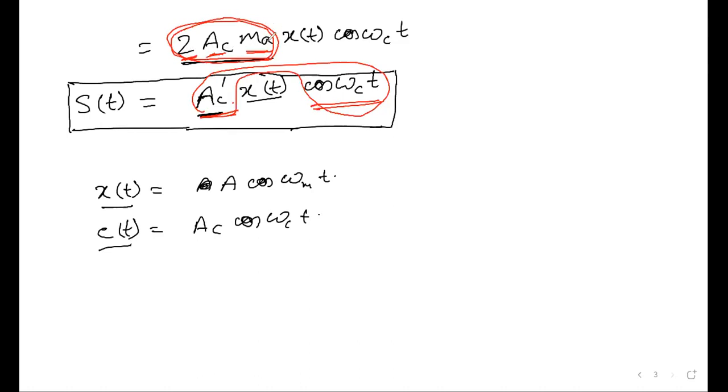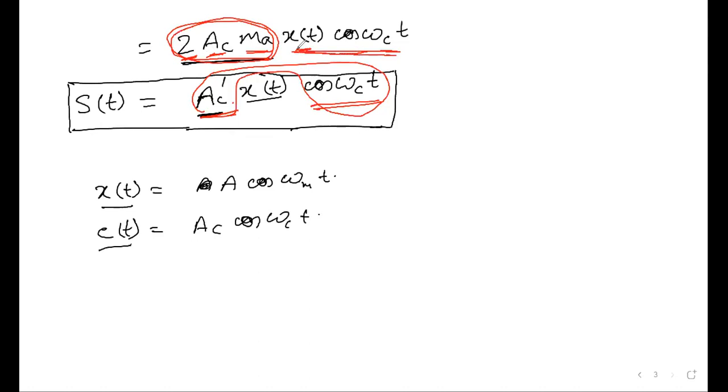Whatever be the xt, based on that value, we will get the modulation index. So this whole term is taken as a constant part, that is, it may be taken as a coefficient of this xt cos omega ct.